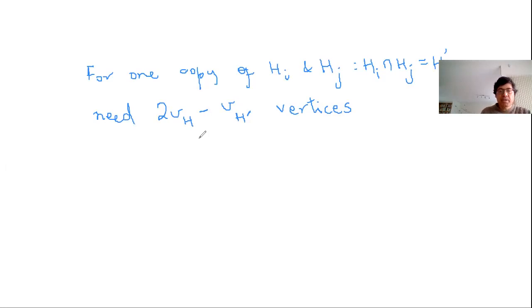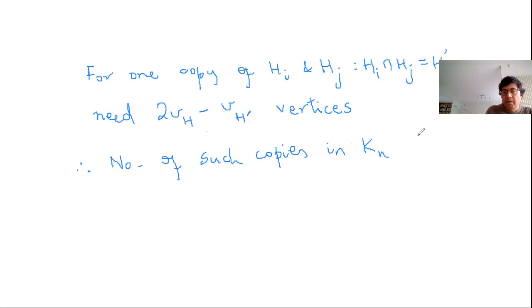Okay, and so the number of such copies of these two graphs, hi and hj, intersecting in h prime in the complete graph Kn is n choose 2vh minus vh prime, times something.